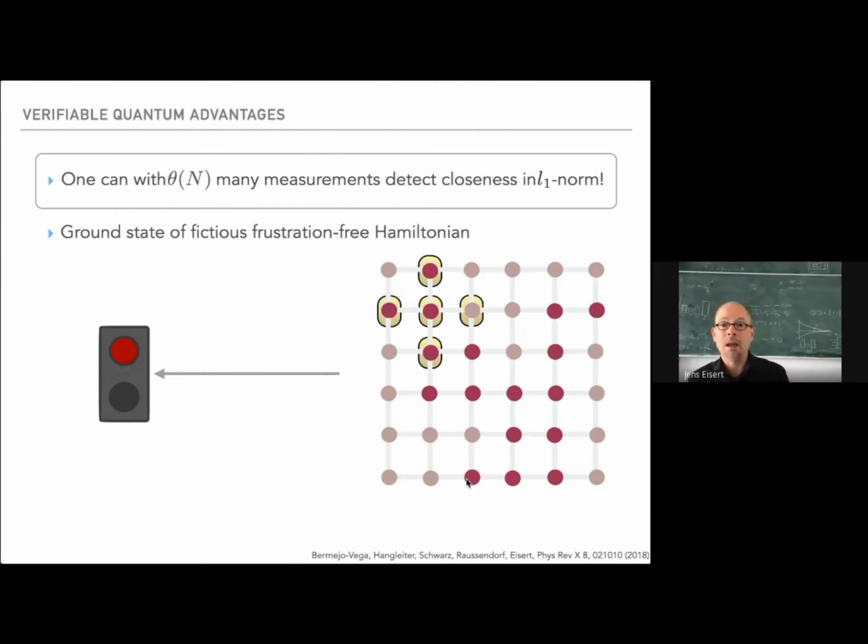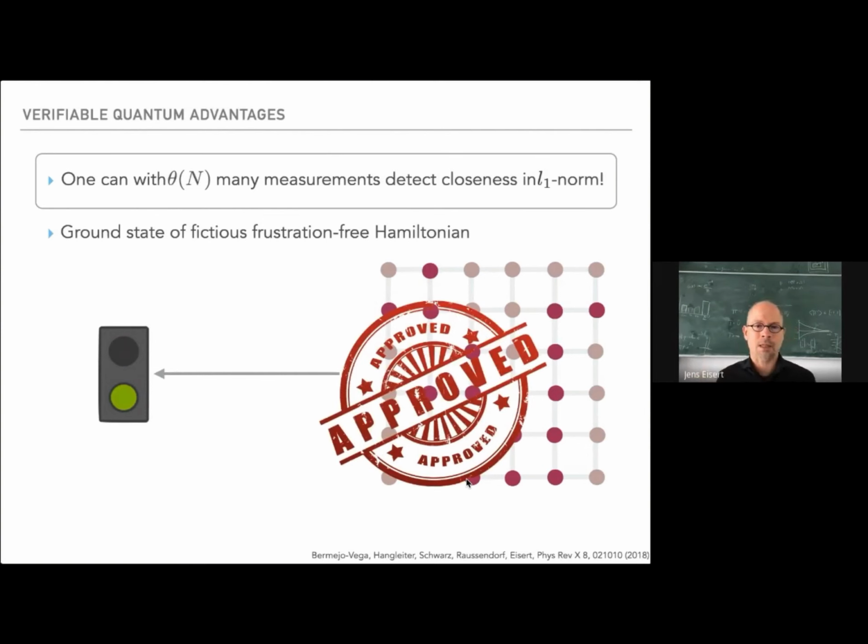You take data, and the estimates that you get do provide a bound on the closeness in the L1 distance, so it's providing precisely the right qualifier that you also need for the complexity theoretic proof. So when the green light goes on, you're not building trust in the correctness of the device, or thinking, oh, it's kind of nice, it's kind of good. No, you're really estimating the very same property that you need in the complexity theoretic argument. And that's quite powerful. So you can, efficiently and very simply, just by local measurements, approve the device and see it is doing the right thing.